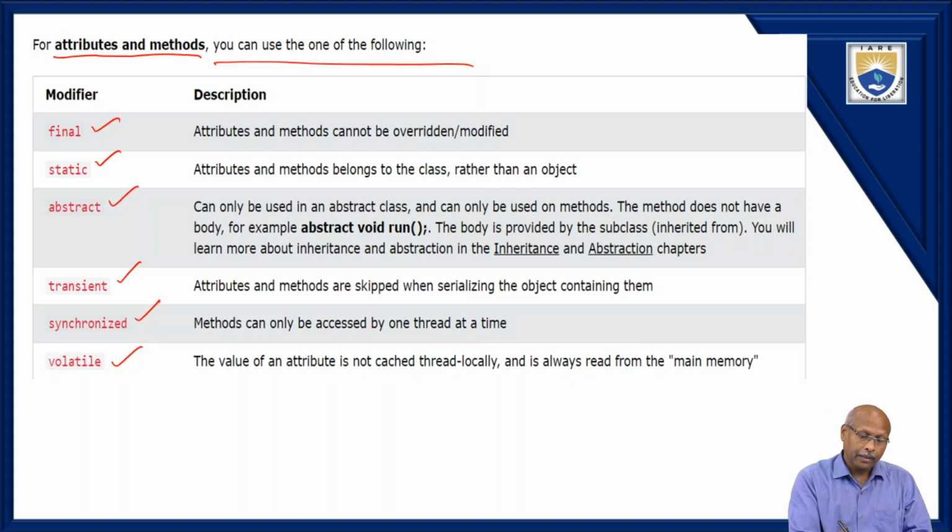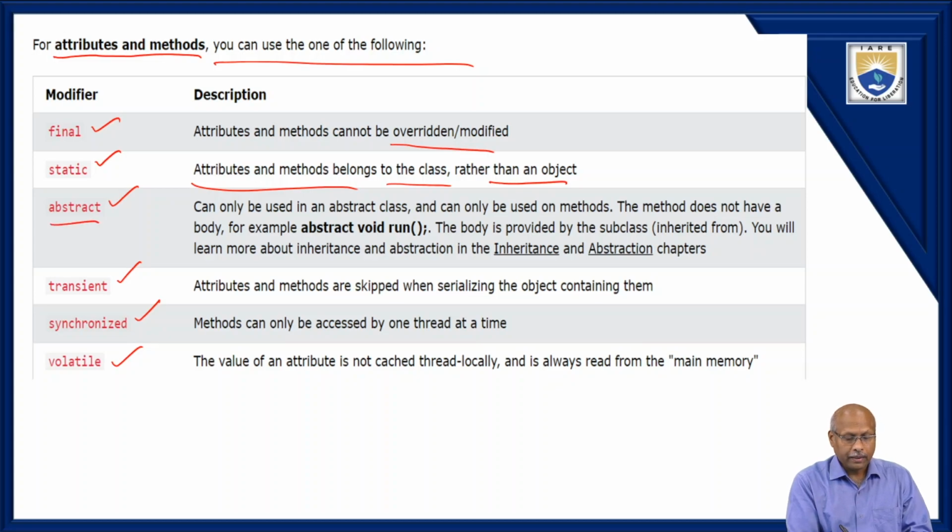Once you write final before a method or attribute, then it cannot be overridden or changed. That means the method is final, you cannot override it. Similarly, if you write static, then it becomes a class member. Attributes and methods belong to the class rather than the object.